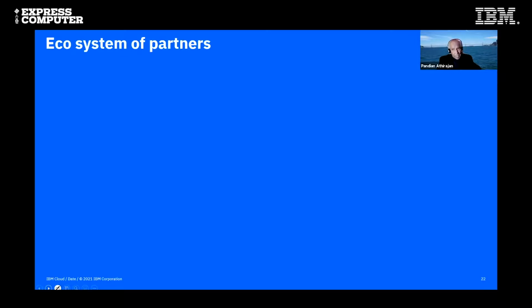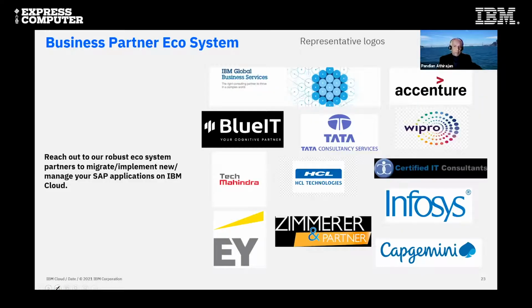Then, I understand a lot of you listening to my webinar here may have other partners. And again, not every customer uses IBM for everything. Some of you have preferred partners because you have a built-in relationship. We work with most of them, whether it is TCS or Wipro or Infosys or Tech Mahindra or HCL, all of them we work with. We also work with Accenture, and if Capgemini or EY is your partner, we also work with them.